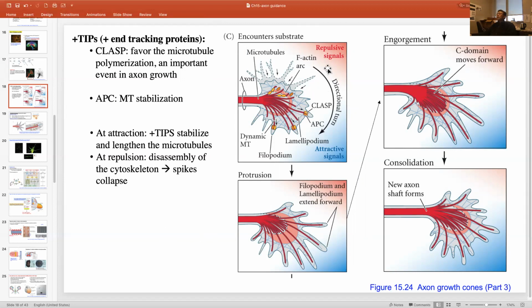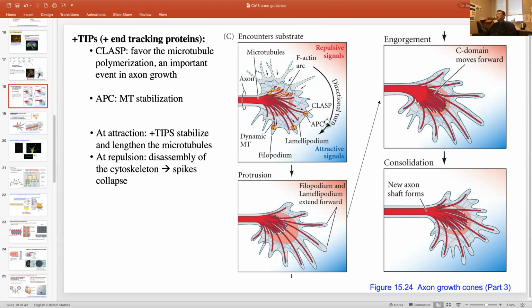In this diagram, the growth cone is originally in this shape, but now it is exposed to repulsive signals in the red area, or attractive signals in the area shown in blue. As you can imagine, the axon growth will go in the direction where the attractive signal is, and it is repulsed from the repulsive signals.